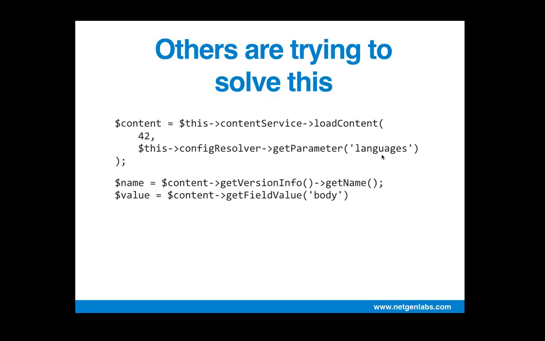So for example, if you look at this code, this is much simpler than at the beginning of Easy Platform, but it still requires you to specify this parameter to the load content function to not worry about languages. So you still need to worry about the languages, at least on some level.